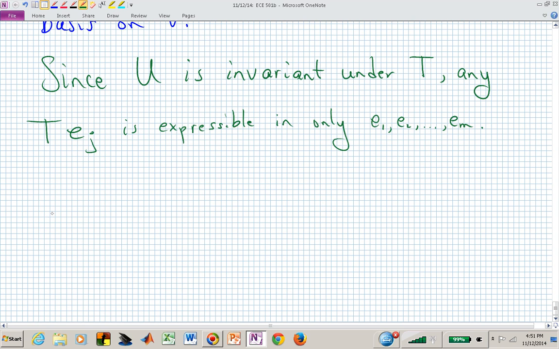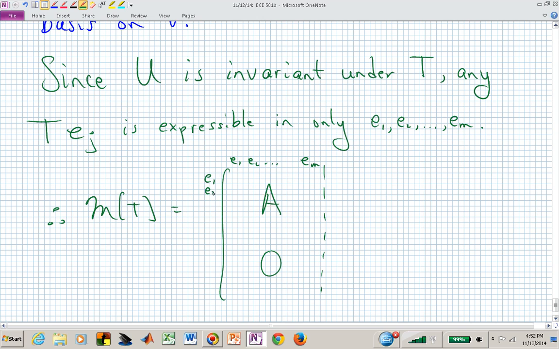That then says that if we looked at the matrix representation of T, with E1, E2, E sub m, and now we've extended it to F1, F2, F sub n, then we know that we have at least this kind of block matrix structure.